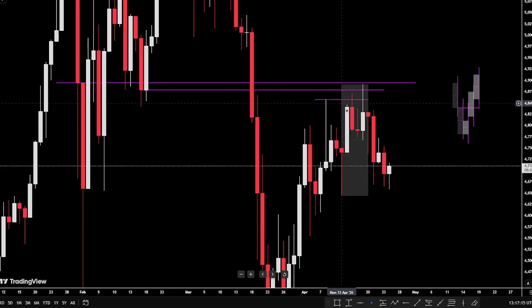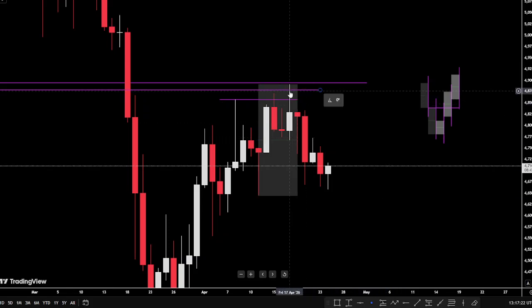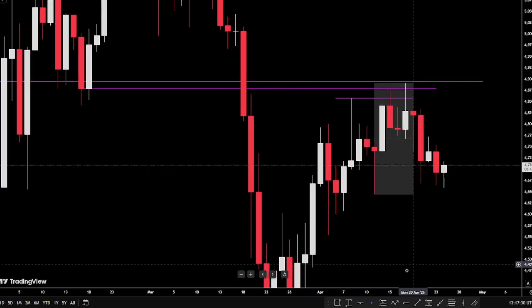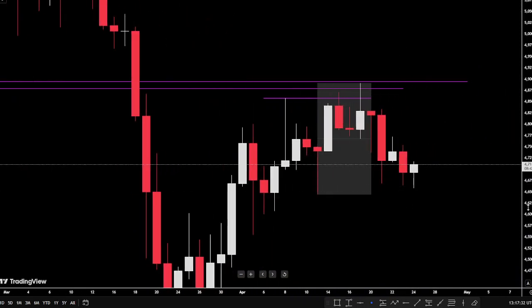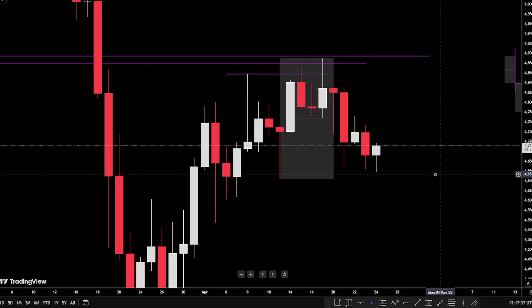So now that we are here, how do we take advantage of this drop, right? So we wouldn't want to enter aggressively because we're not sure exactly where the price will drop from. Number one. Number two, this is gold, right? And of course, you know how the pip count on gold is. So you want to be very, very careful and you want to be as precise as you can be, right?